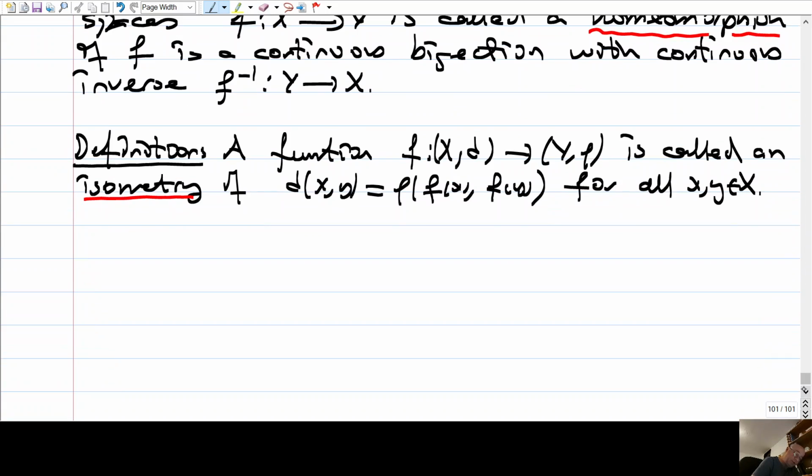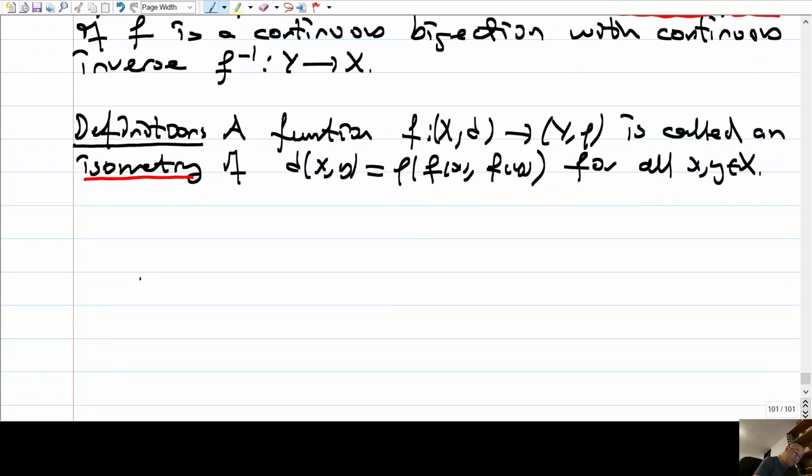Let me draw you a picture. So here is, let's say, the space X. Here is Y. I have this function. So whenever I have 2 points here, x and y, I measure the distance between these two.